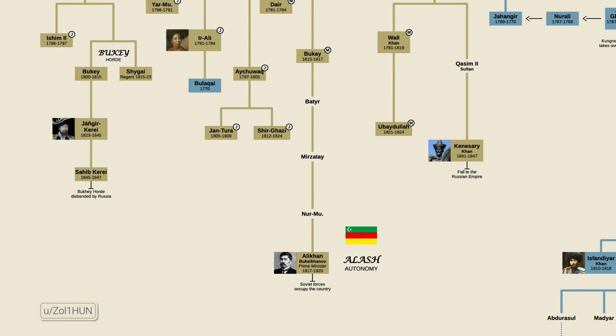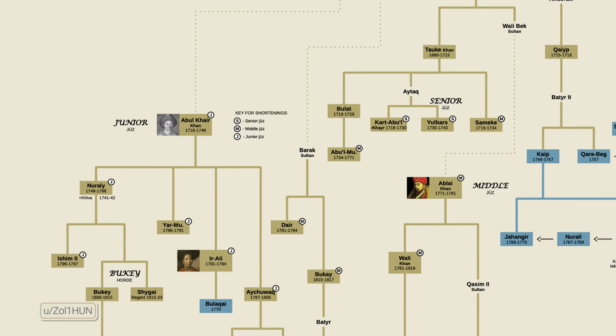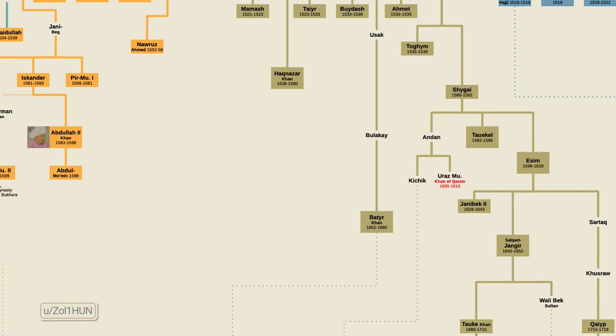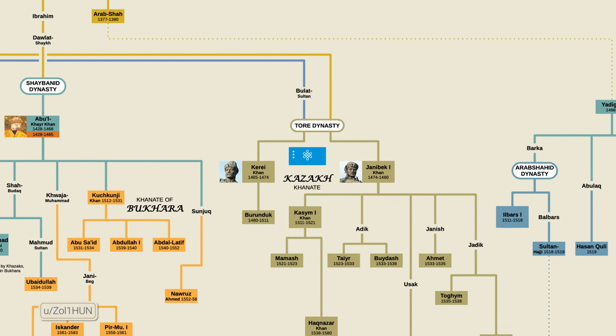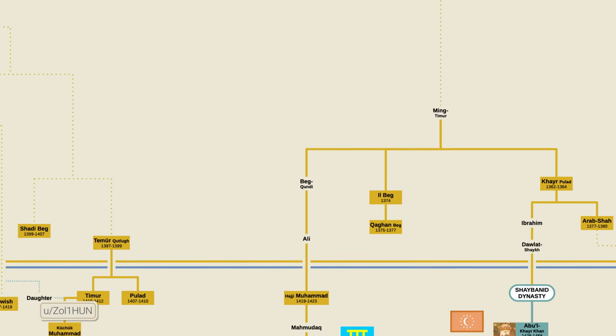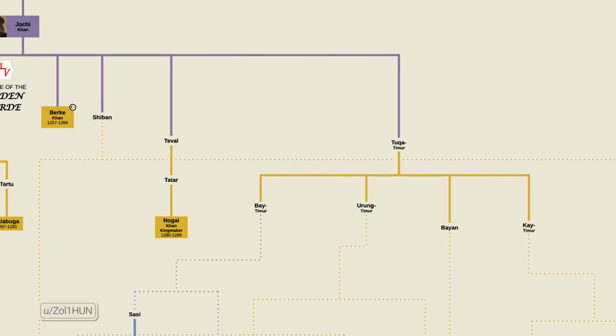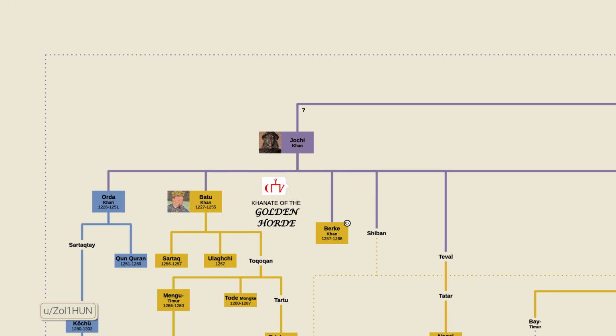He was the great-great-great-grandson of Barak Sultan, who in turn descended from the Khans of the Kazakh Khanate. They trace their roots back to Uruz Khan of the White Horde, who was a descendant of Joki Khan, the founder of the Golden Horde, and the firstborn son of Genghis Khan, although there's some uncertainty about that.